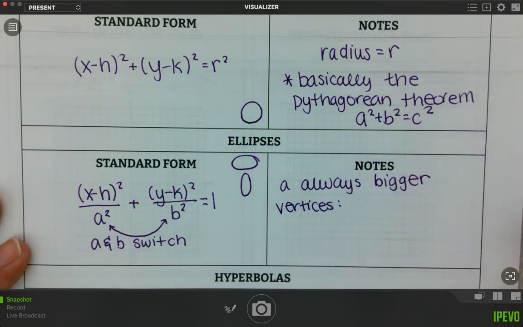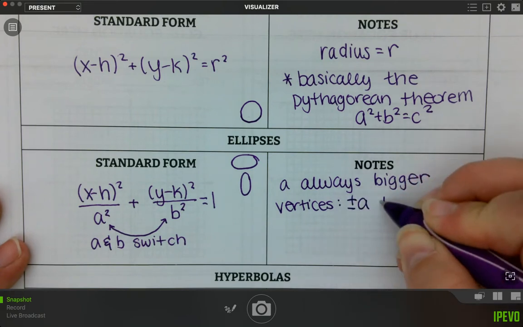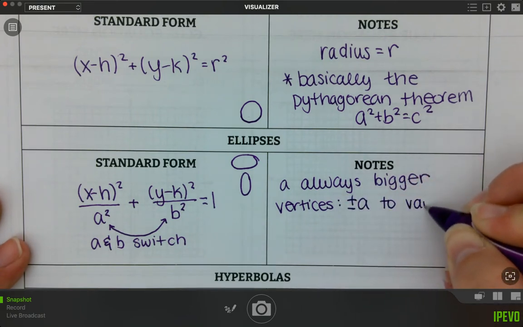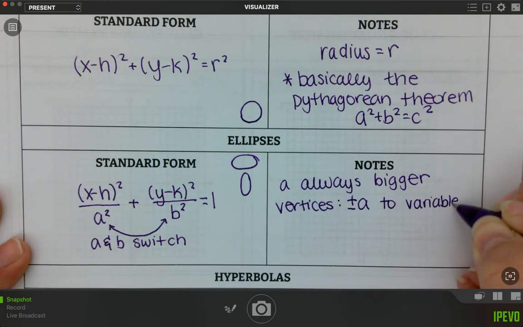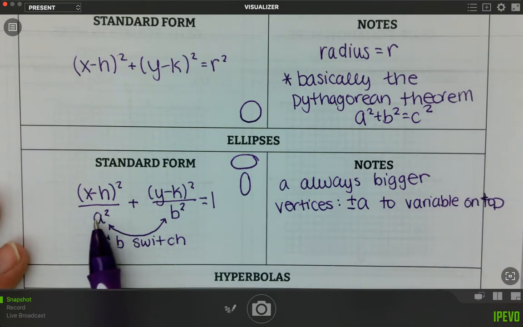For your vertices, that's always going to go with the a value. So you're going to add and subtract a to the variable on top. What I mean by the variable on top, that's not a perfect explanation, is here's a, so if I was doing it for this one, I would be adding and subtracting it to the x values.